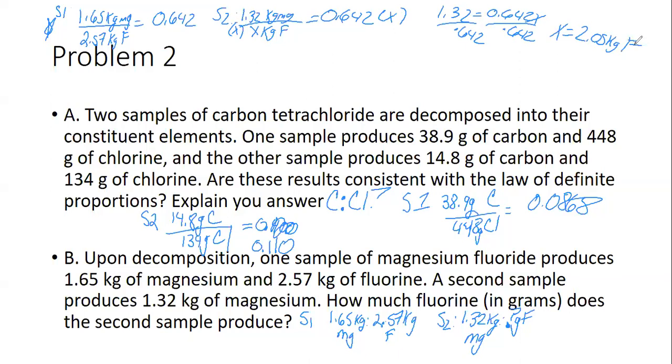So that is how we can use the law of definite proportions to predict how much weight of an element we'll get from a compound. Again, I'll just double check my math there.